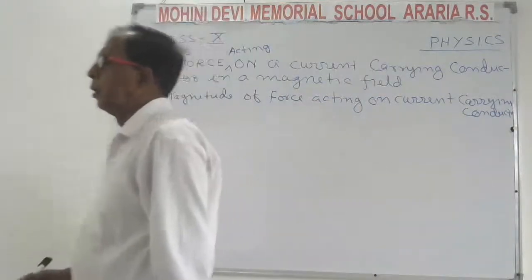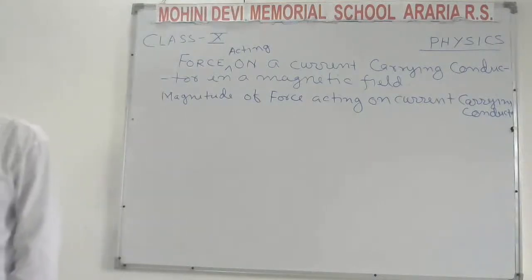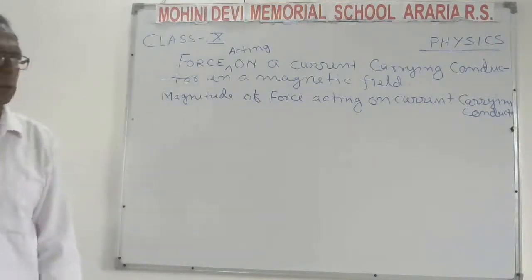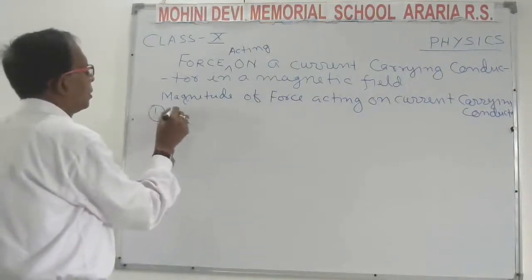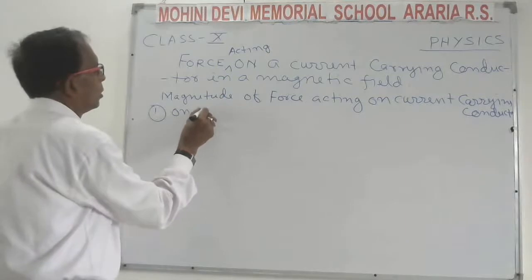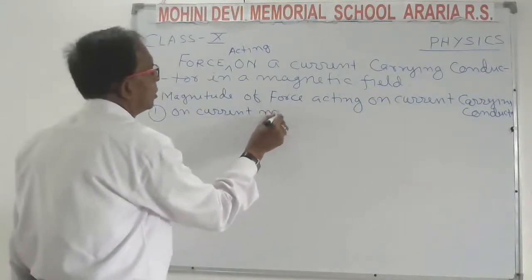First, magnitude of the current flowing through the conductor. First, dependence on current magnitude.